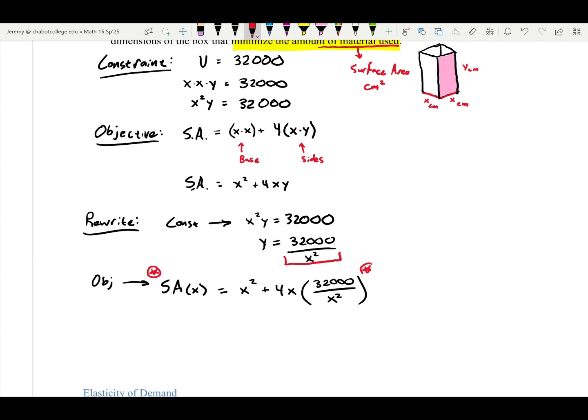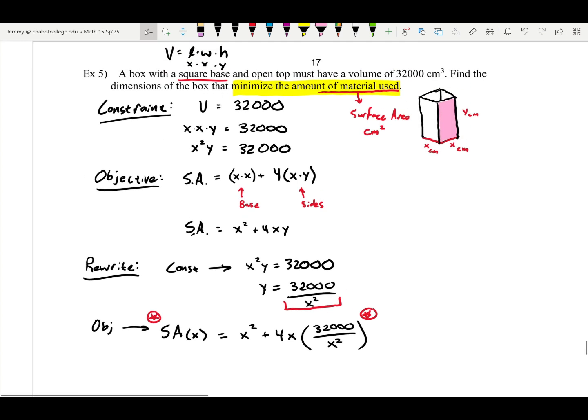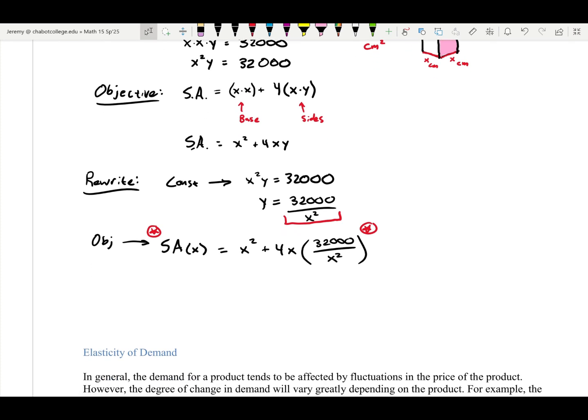This is where we're trying to get, because now we just have to find a derivative of this, find critical numbers, do a little sign analysis, and find the value of x which minimizes that surface area. So this is the minimize step. Let's find the derivative of our surface area function.